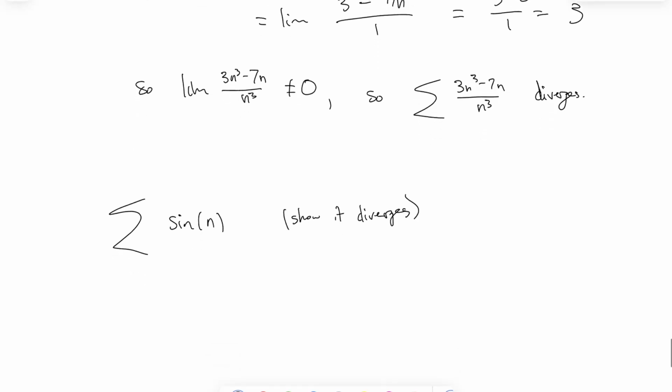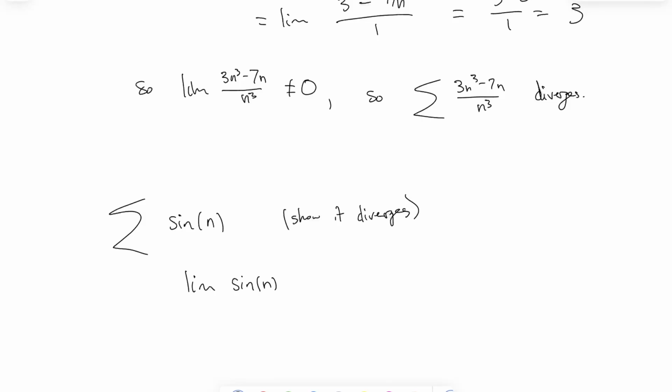It is enough to show that the terms do not go to 0, so I should be thinking about what is the limit of sine of n? Anybody recall? We talked about this example before, I think. Does this have a limit, or does it diverge? What are your thoughts?